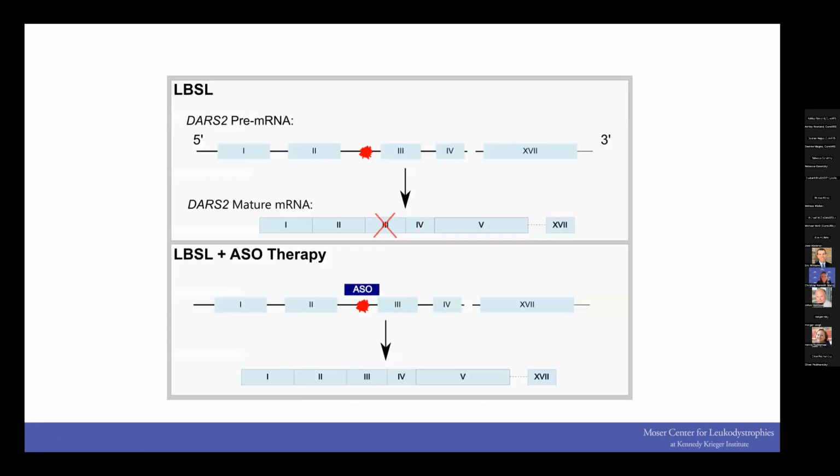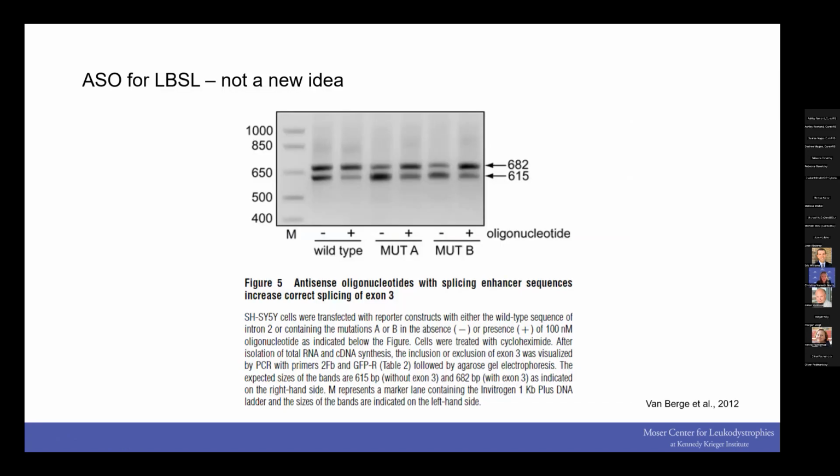So what they did in this study was to produce an ASO that has a tail, and this tail spreads into exon 3, which actually enhances the splicing machinery to more accurately recognize the splice site to include exon 3.